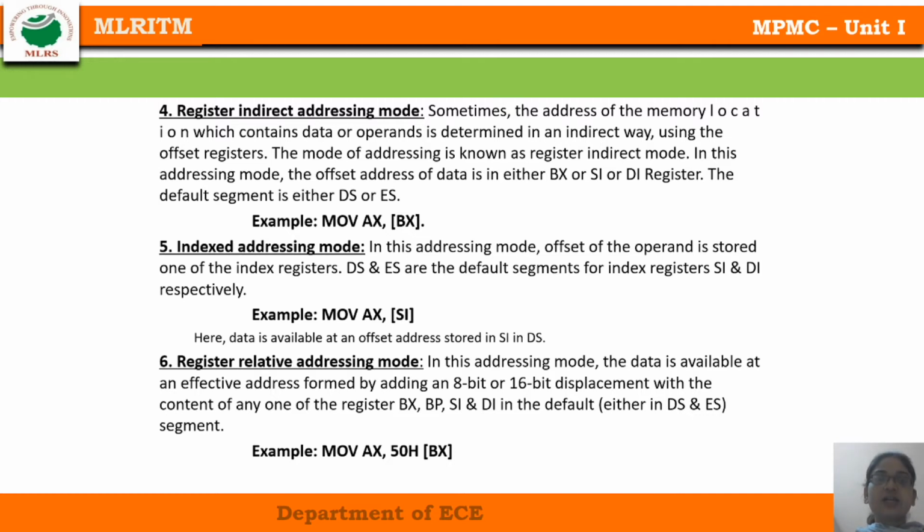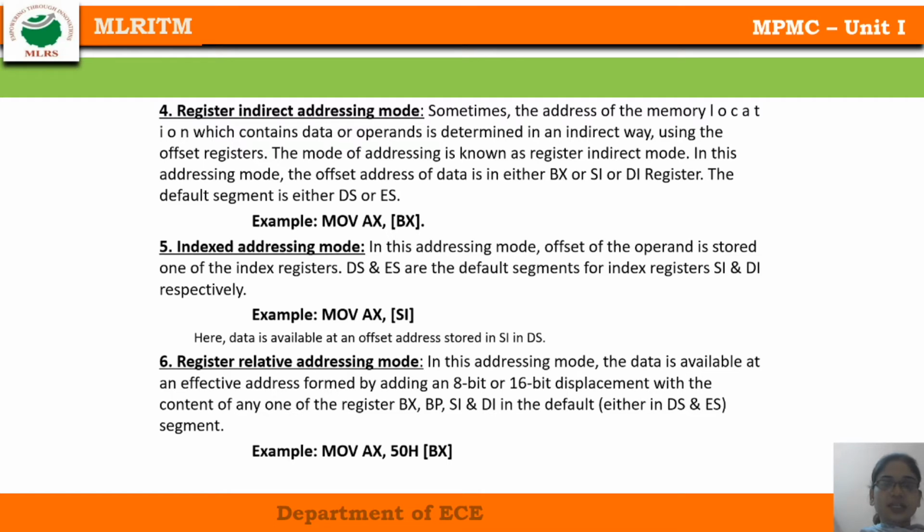For example, MOV AX, [BX]. Here BX holds the source offset address and AX is the destination register. In this instruction, we calculate the physical address using the segment register, either DS or ES, and the offset address is the content of the BX register.